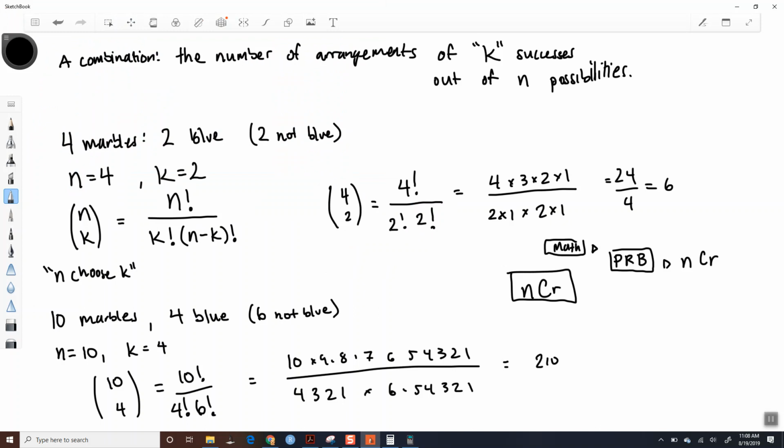All right, so anyway, what was the point of all this? The point was so that we don't have to manually list out all of these arrangements ourselves. If we go back to our original problem, we have 10 marbles, 3 are blue and 7 are green.